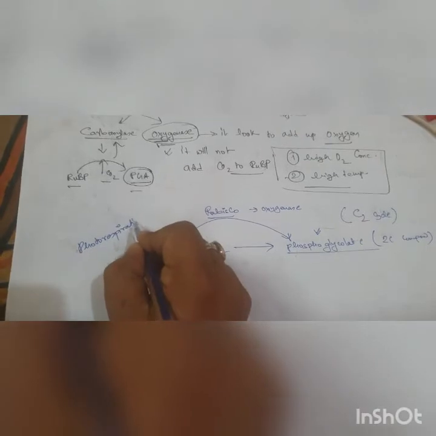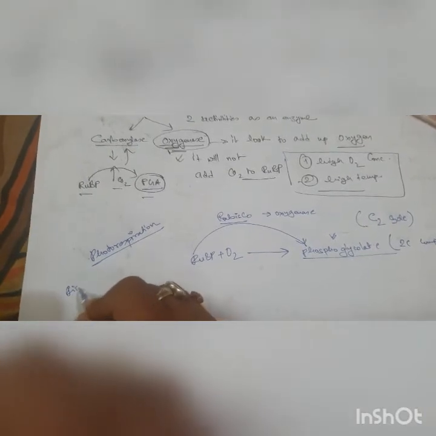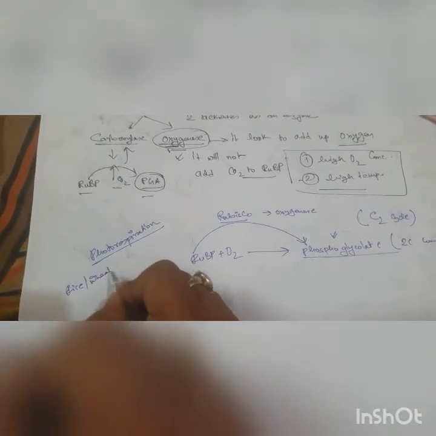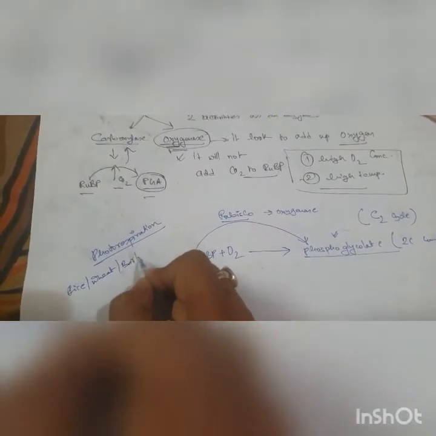Many people ask, what is photorespiration? Photorespiration occurs in plants like rice, wheat, barley, etc., plants which grow in temperate regions.